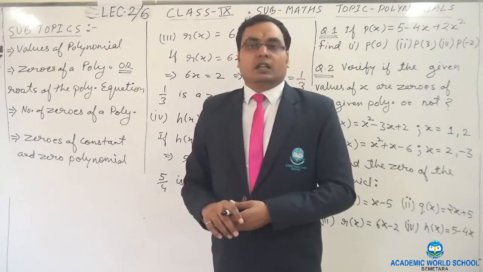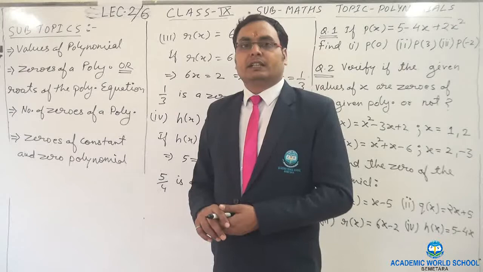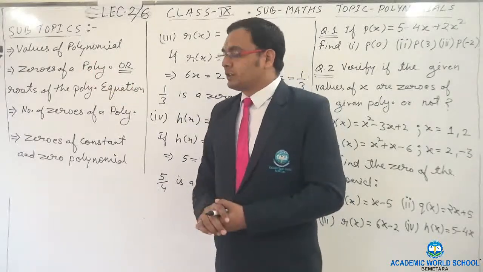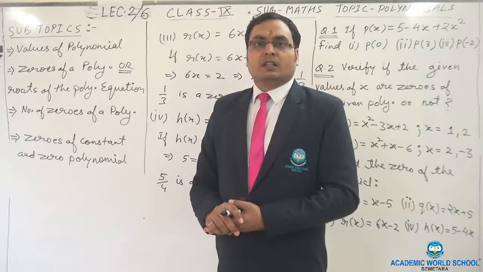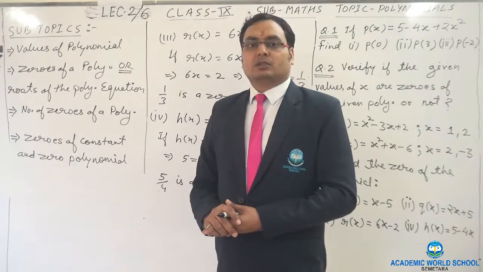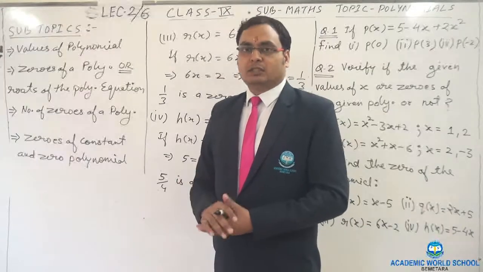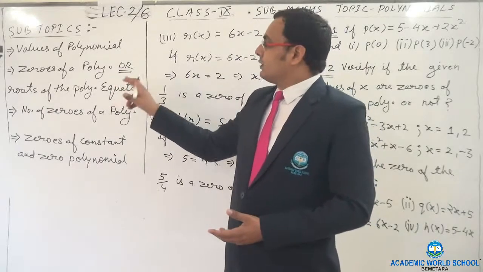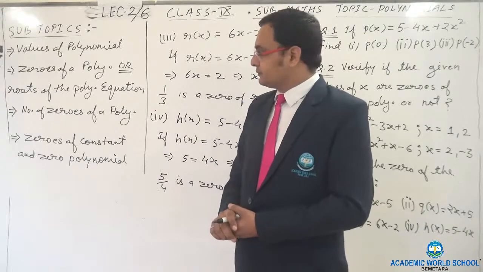So the value of a polynomial may be infinite or infinite real numbers. Next topic is zeros of a polynomial or roots of the polynomial equation. Zeros of a polynomial are those values of variable for which the value of polynomial becomes equal to 0, and zeros of the polynomial and roots of the polynomial equation are the same thing.